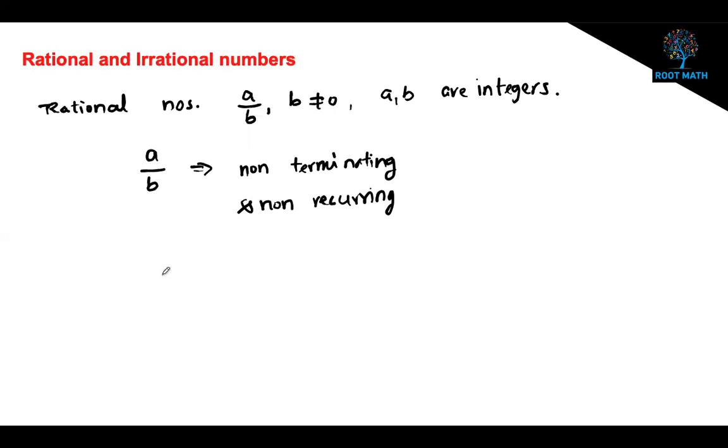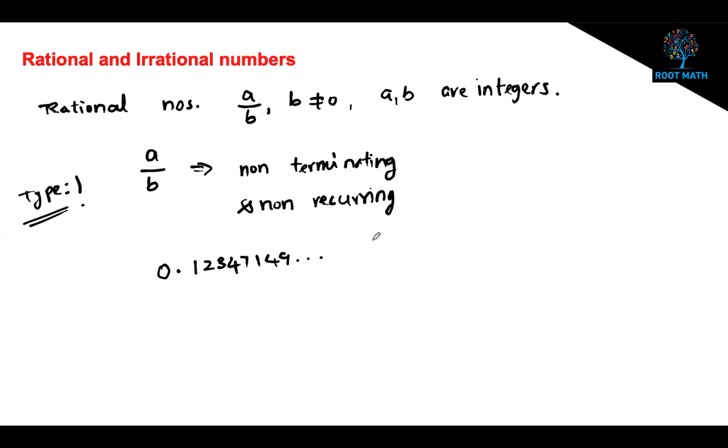For example, when I am dividing a number, if my quotient is like 0.12347, like that, there are no repeating digits. At the same time, it's not terminating also. This type of decimal expansion is known as an irrational number. So this is type 1 of irrational numbers. What is type 1?